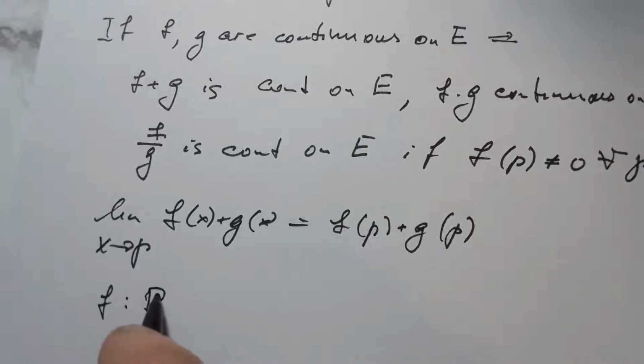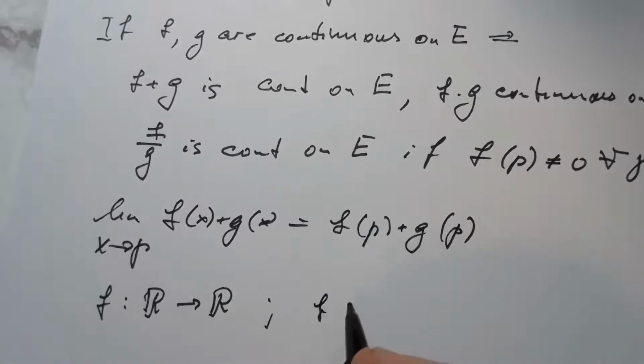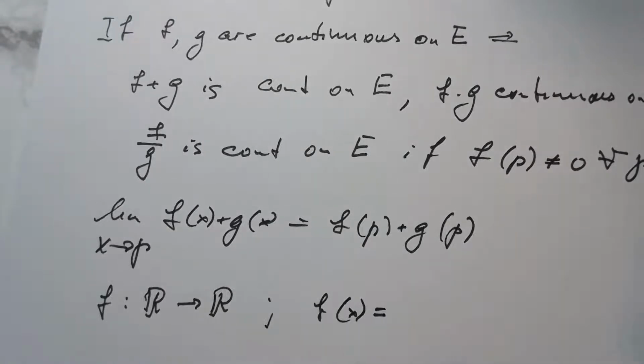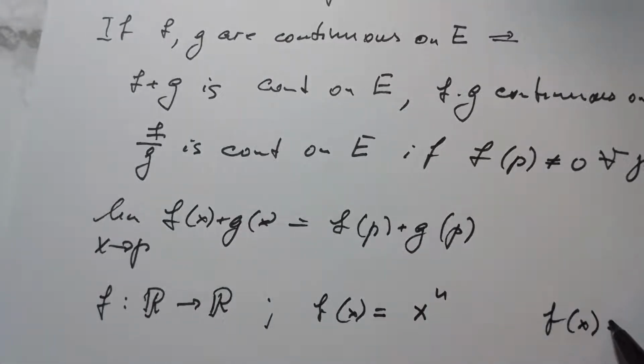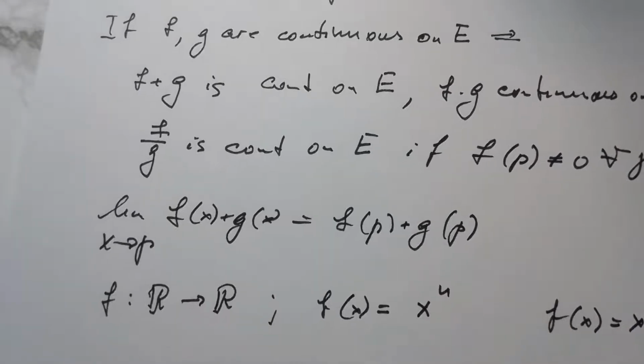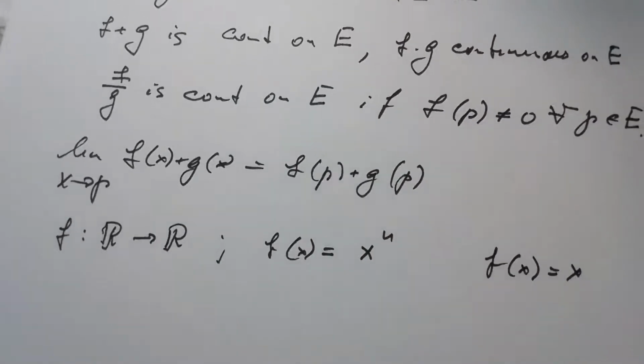So as a result, we will quickly see that if I have functions f that maps, say, real numbers into real numbers, and if the function f of x is equal to x to the power n, then f of x equals to x is a continuous function. And so if I take the product of this continuous function with itself, I will have a continuous function.